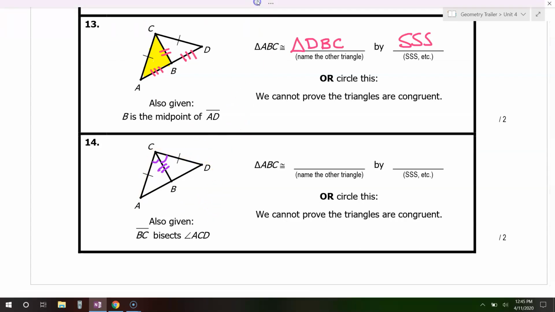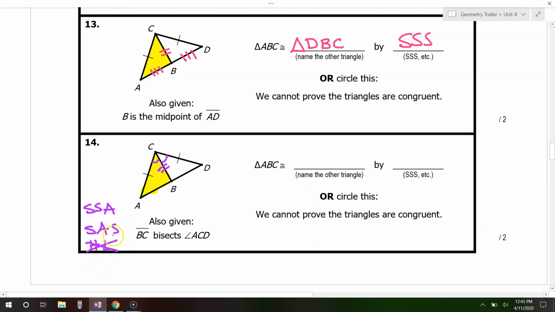All right, now focus on one triangle at a time. What do we have marked here? We have two sides and an angle. That means this is either going to be side-side angle, or side angle side, or hypotenuse leg. Hypotenuse leg is only for right triangles, so forget about it.